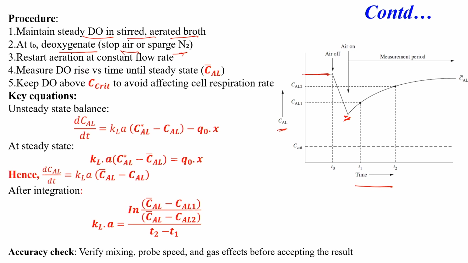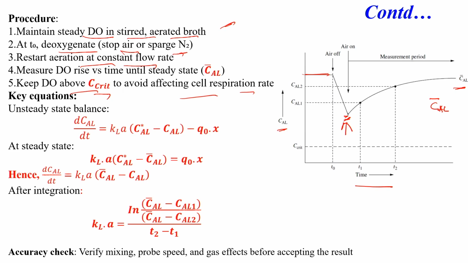Then from here you restart the aeration. Here the aeration is started again at a constant flow rate till it reaches the steady state value, that is the CAL bar. Keep the dissolved oxygen above the critical concentration to avoid affecting the cell respiration rate, particularly if you are using the system with biomass.